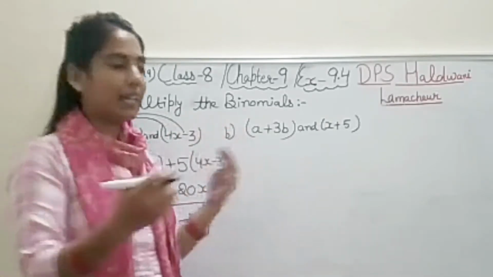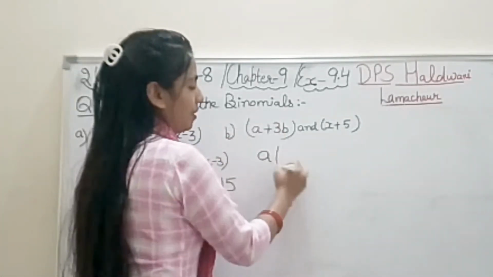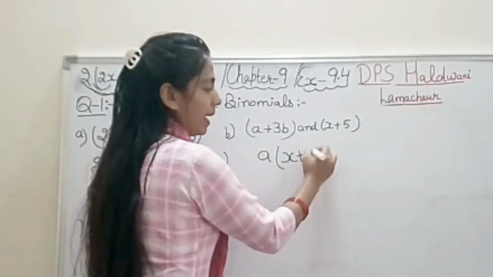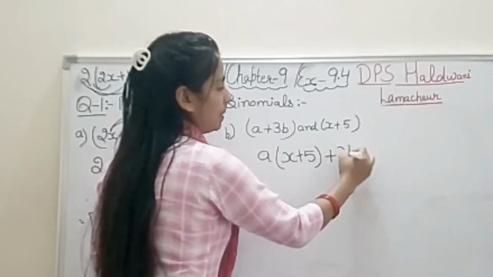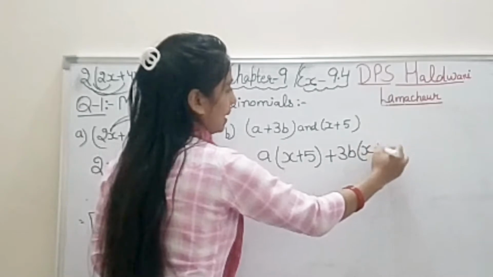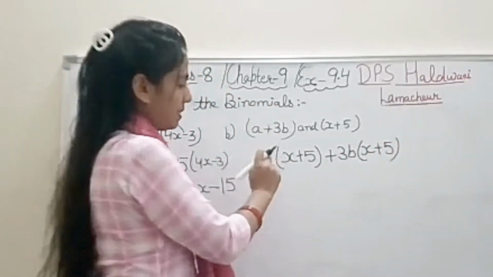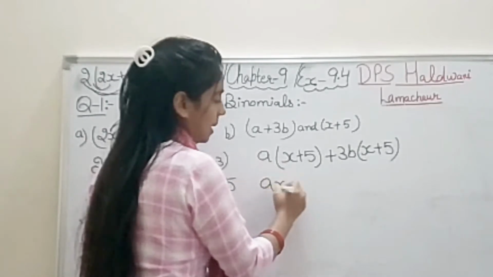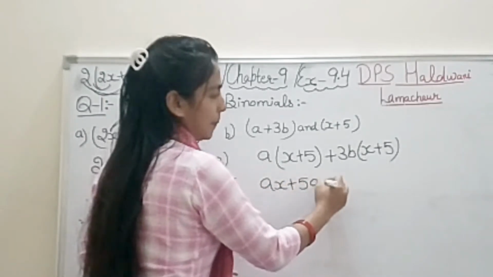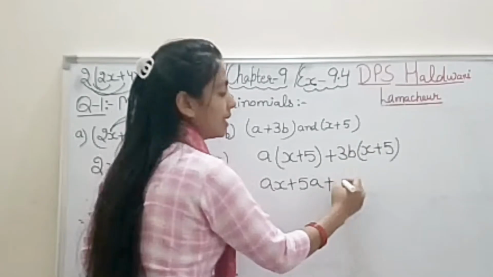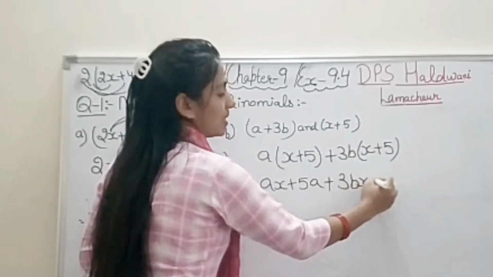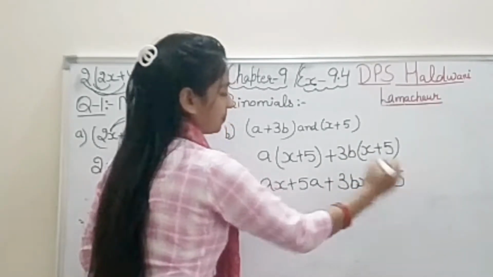Now B part. Again this first term will multiply with the whole bracket and similarly 3b will multiply with the whole term, that is x plus 5. Right? Now simply we will multiply a into x, ax plus 5a plus 3b into x, 3bx plus 5 threes are 15.